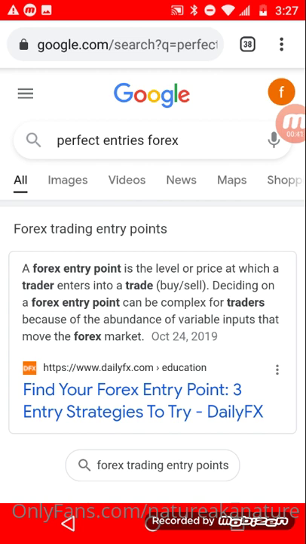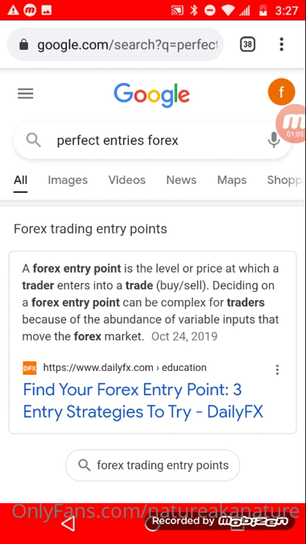So the next thing I believe that y'all need to really focus on, which it seems like a lot of traders have a problem with, is finding entries, perfect entries, in forex. So, forex trading entry points. A forex entry point is a level or price at which traders enter a trade based off of buy or sell.